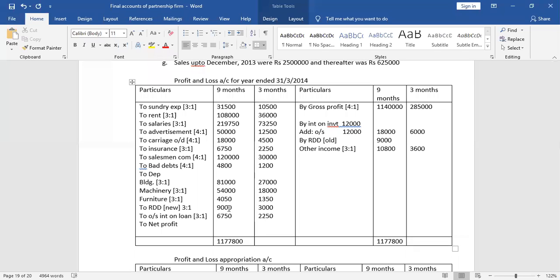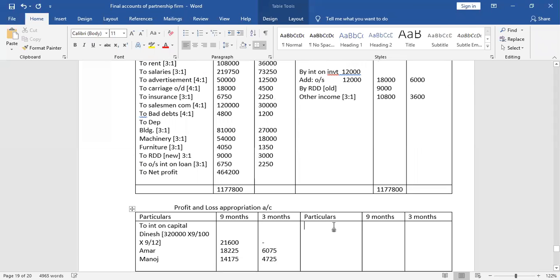You will get 4,64,200. So this profit will go here by net profit.